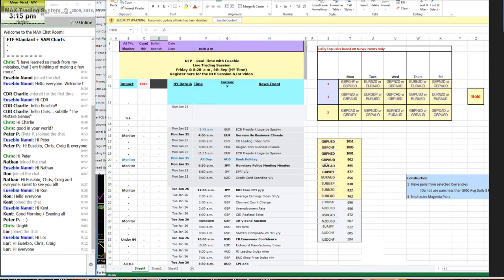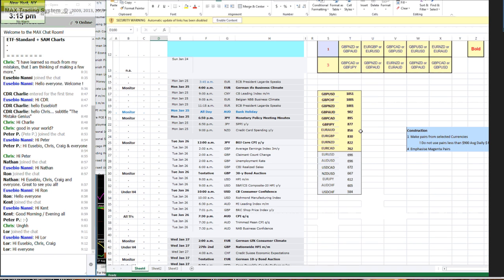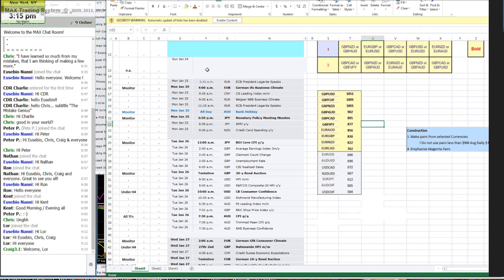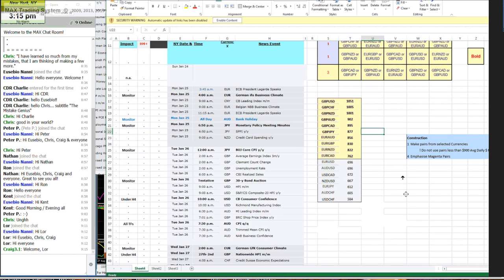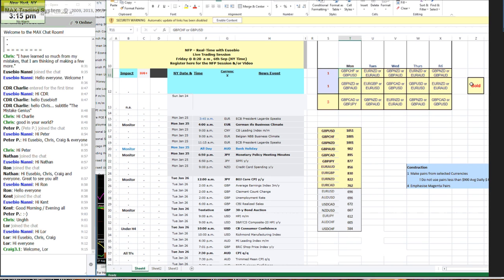Okay, then let's match them up with the news for each day. So on Sunday we've got nothing, and on Monday we have nothing. So the third choice will be the pound US dollar or the pound Swiss.